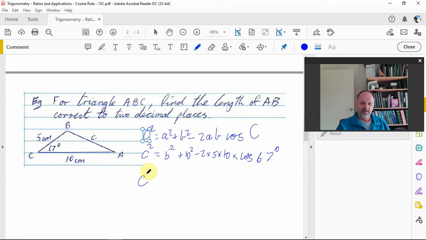All right, so you can stick all of that into your calculator. You don't need to work out each one individually. And when you do, you get 85.926 to 3 decimal places. But of course, we're wanting C, not C squared. So we then need to square root that.